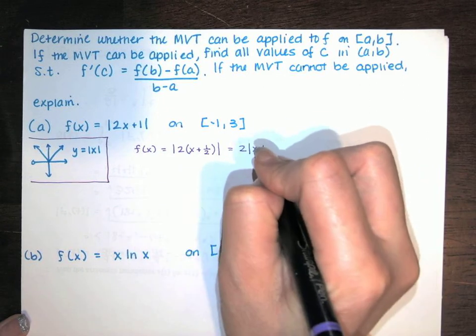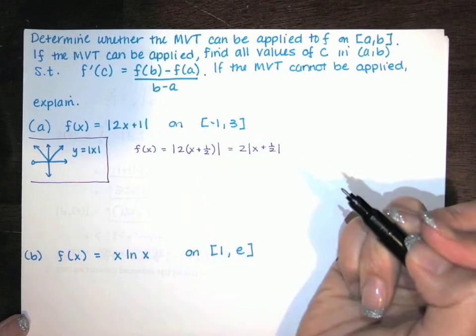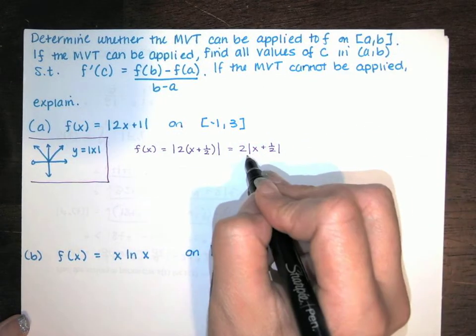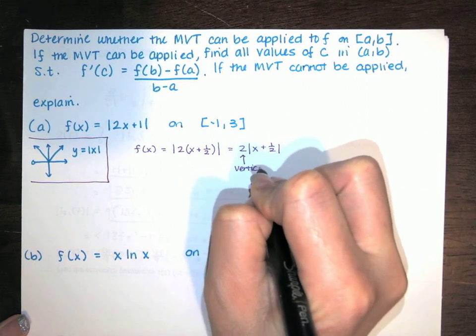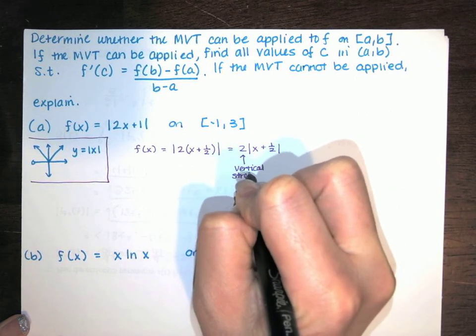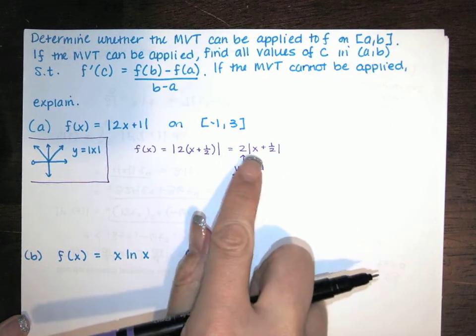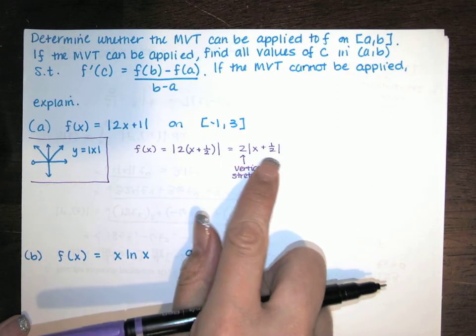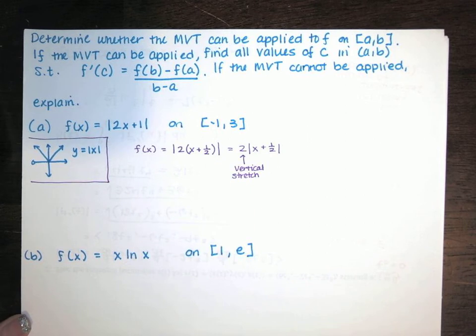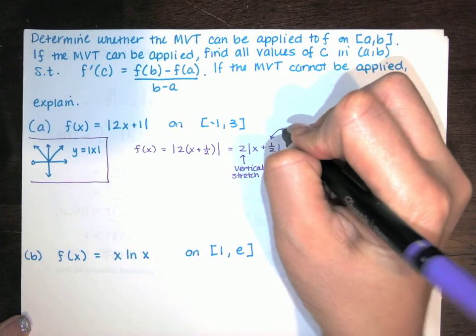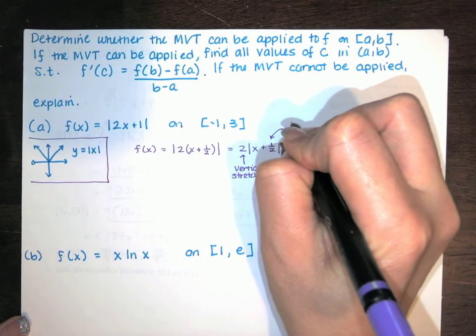Absolute value of 2 is just 2. And we can see that we've got a vertical stretch of our function. So I'm taking the absolute value of x plus 1/2 graph and I'm making it twice as tall. And this plus 1/2 leads to a horizontal shift.